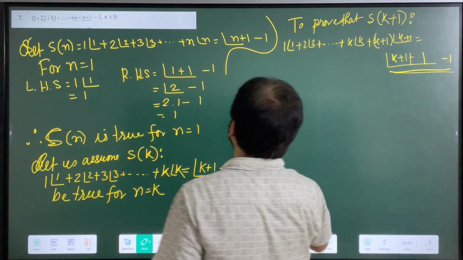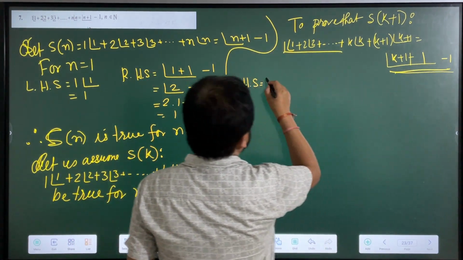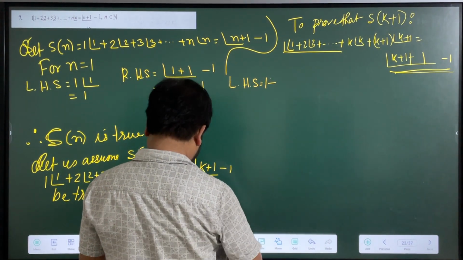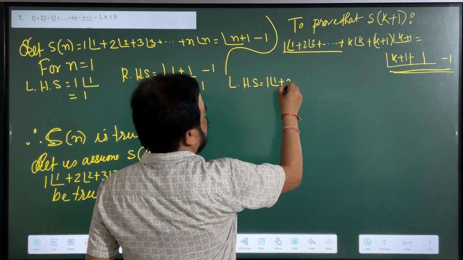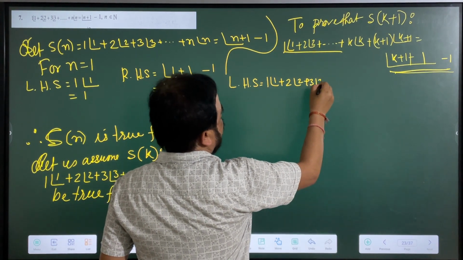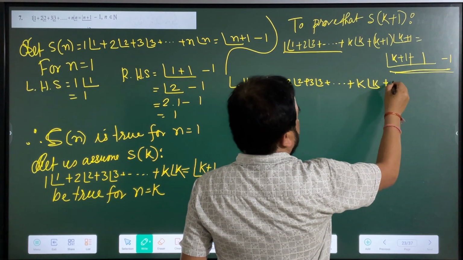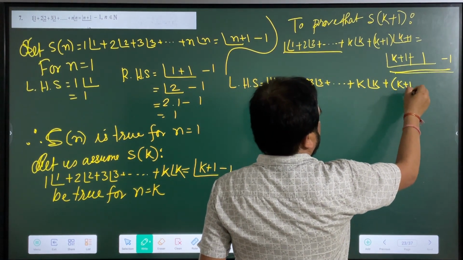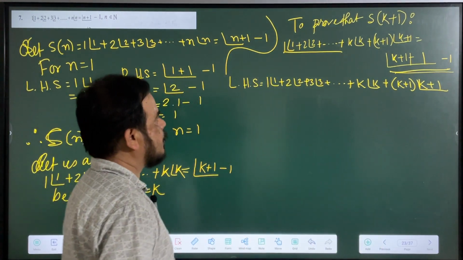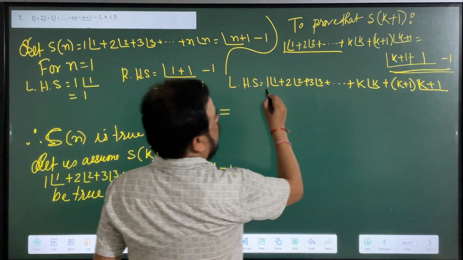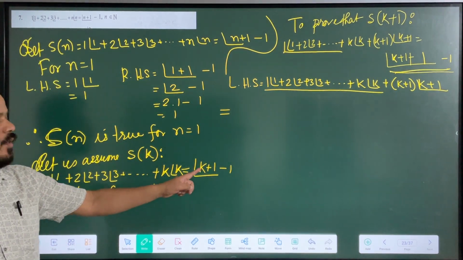Now we will start from left hand side. Okay, let us write first. 1 factorial 1, 2 factorial 2, 3 factorial 3, up to k factorial k plus k plus 1 factorial k plus 1.